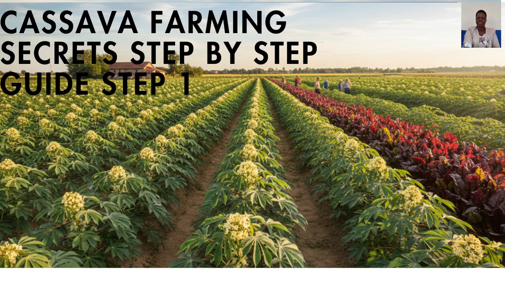Verify supplier credentials and disease-free certification. Inspect stems carefully upon delivery, checking for visual disease symptoms like mosaic patterns, brown streaks, wilting, and rot, and plant immediately within 1 to 3 days of cutting while stems are fresh, maximizing establishment success.